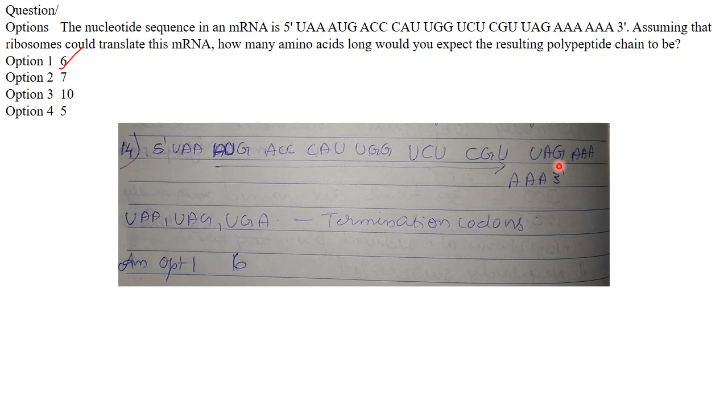UAG again is a stop codon here. So how many amino acids are there? 1, 2, 3, 4, 5 and 6. So the resulting polypeptide chain would be 6 amino acids long. Answer is option 1.